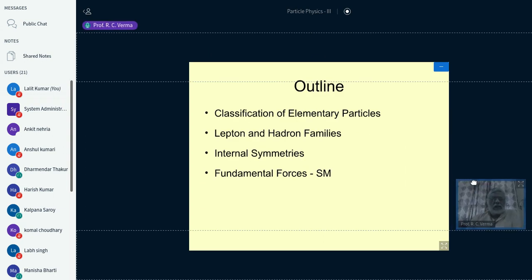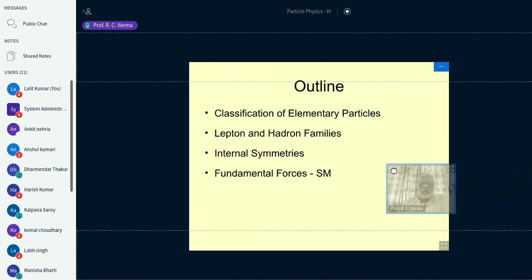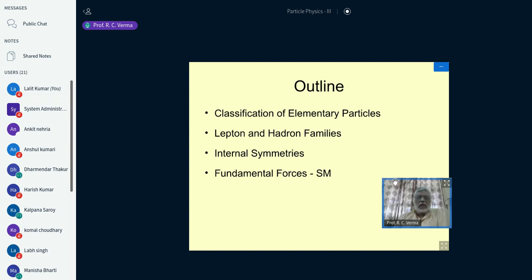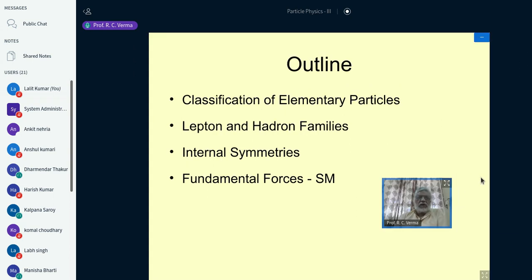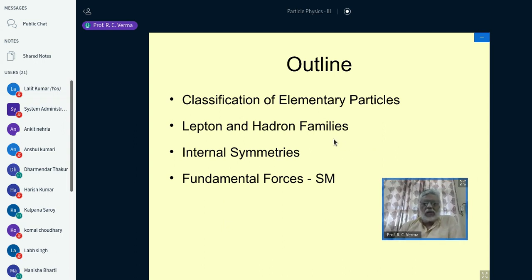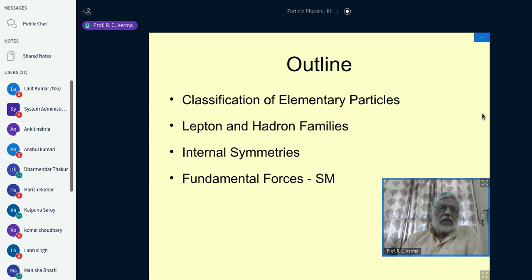As these symmetries involve group theoretical treatment mathematically, I have put some extra sheets to remind you, though our students already know group theory, particularly if they have done schooling, and also angular momentum algebra. So with that, we will move on to fundamental forces and finally the standard model.